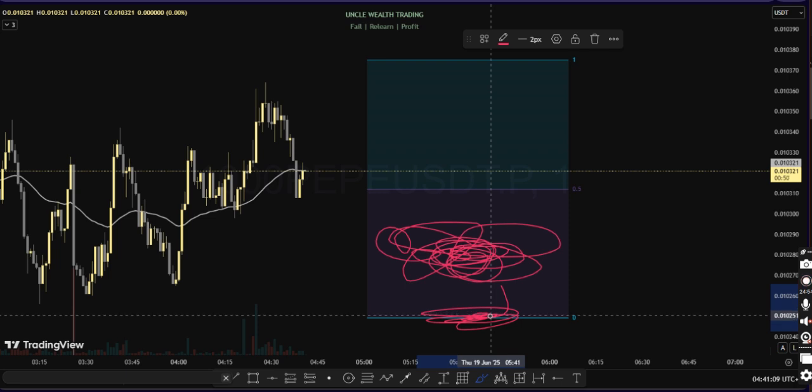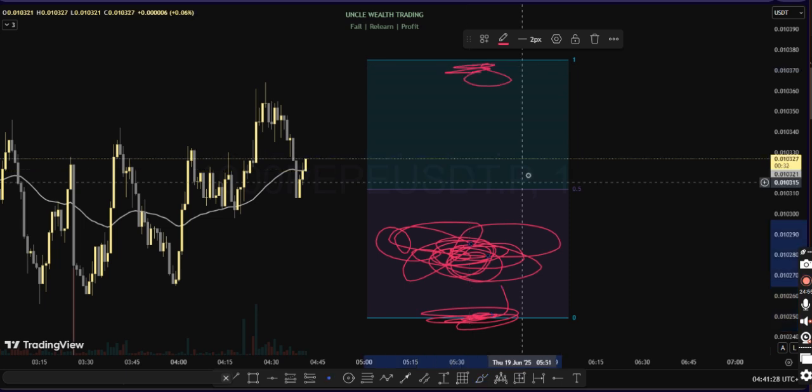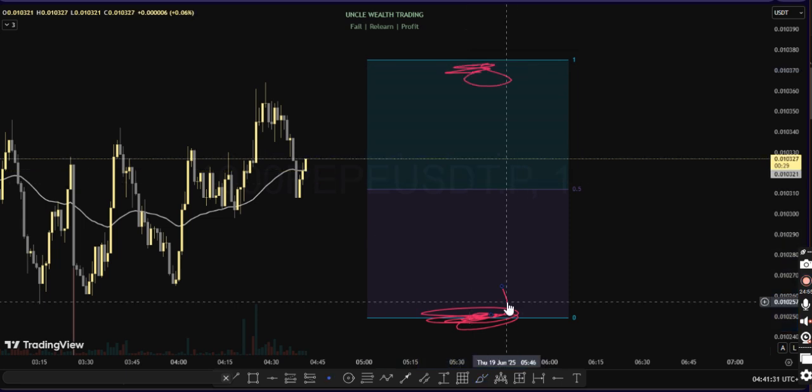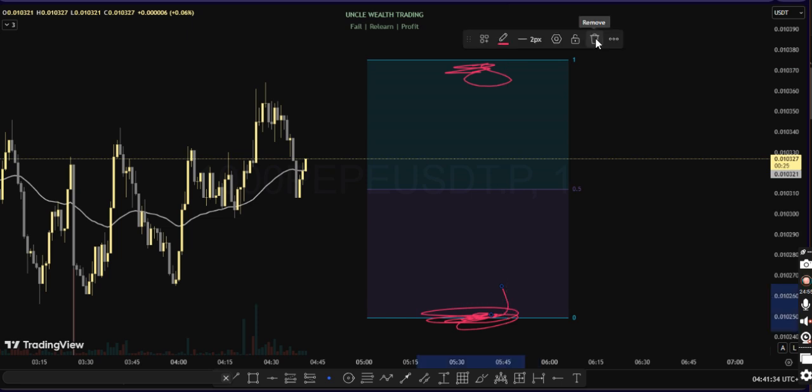And for your sell trades, you want to enter trades that are close to the one line, the one mark line. Why is this so? It's simple. It's just basic economics. You want to buy low and you want to sell high. Then for a sell trade, you want to sell high and buy low.